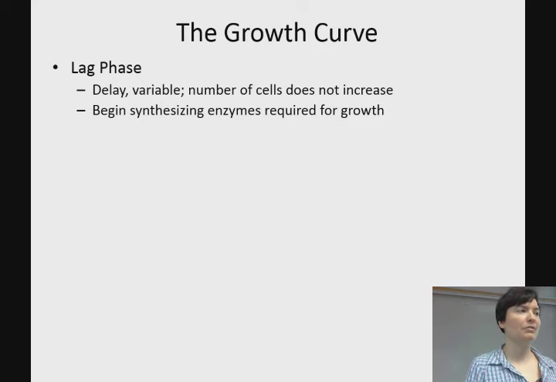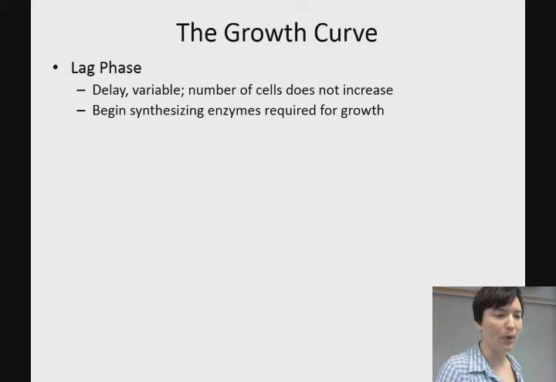They have to look around, take stock of what carbon sources are available, and maybe they've come out of a saturated culture where they were hunkered down, just trying to survive all the toxins. So they have to recognize where they are, and they have to make proteins that will allow them to take advantage of that new environment. The lag phase time can vary depending on species and depending on how different the new environment is, but there's always this wait.